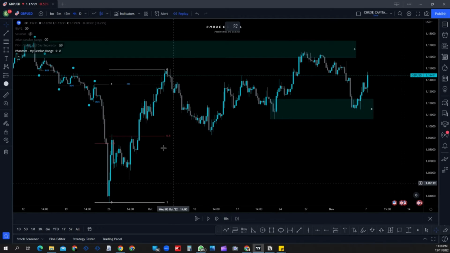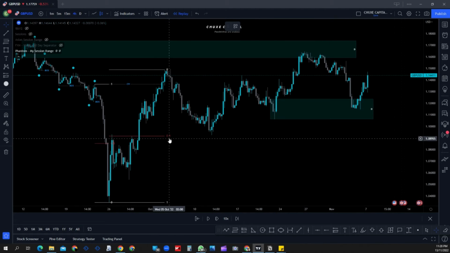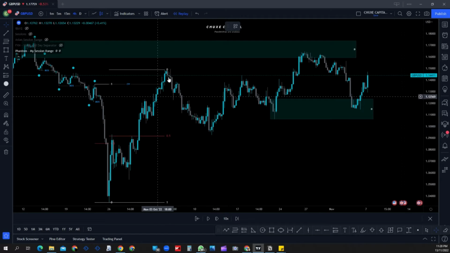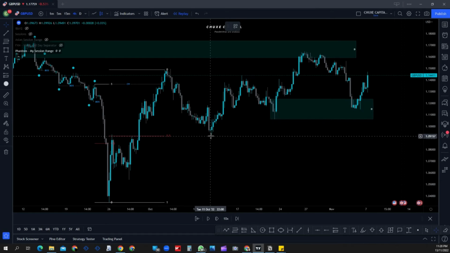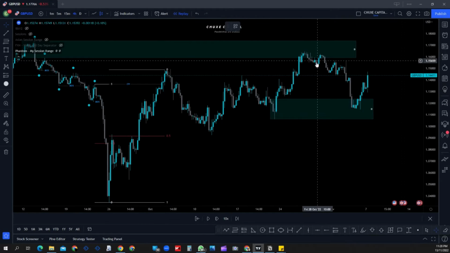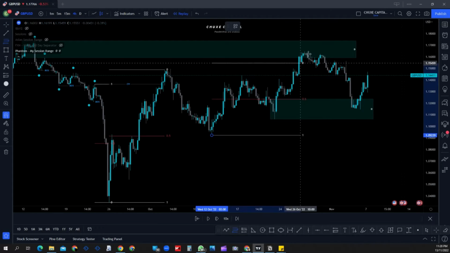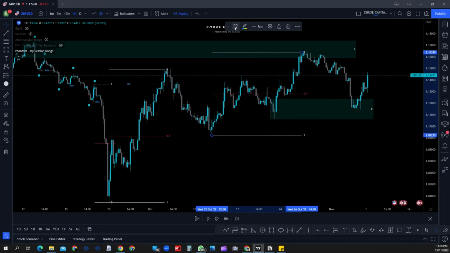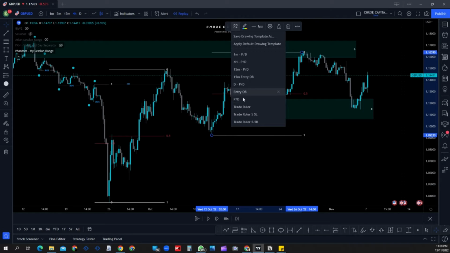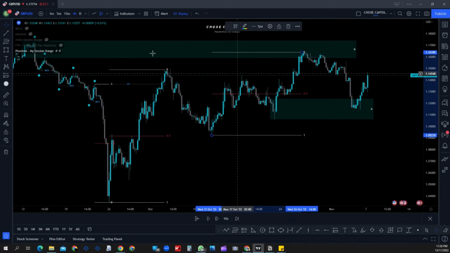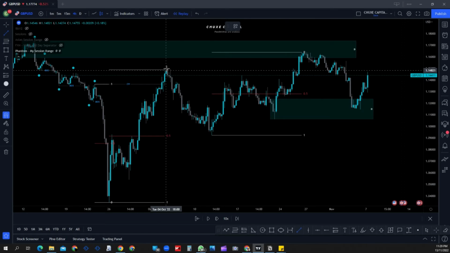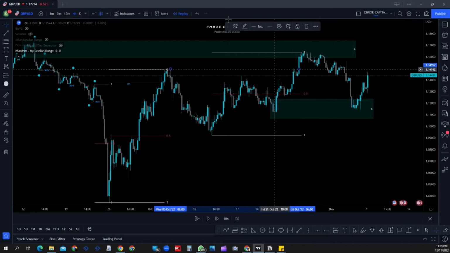Now what we see is that price didn't get up to there. It just reacted somewhere off, just barely got to the EQ, but then went off. We have another range here, PD, and this time price did break here.